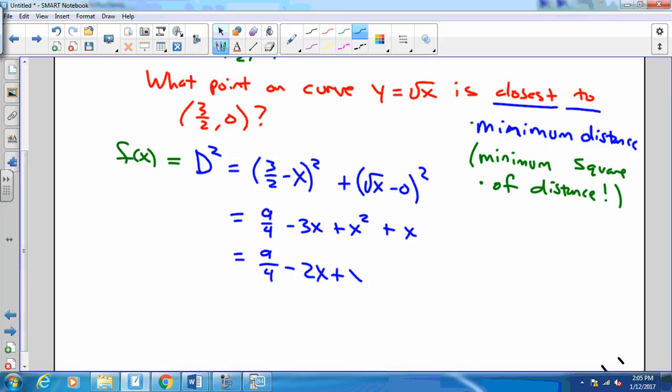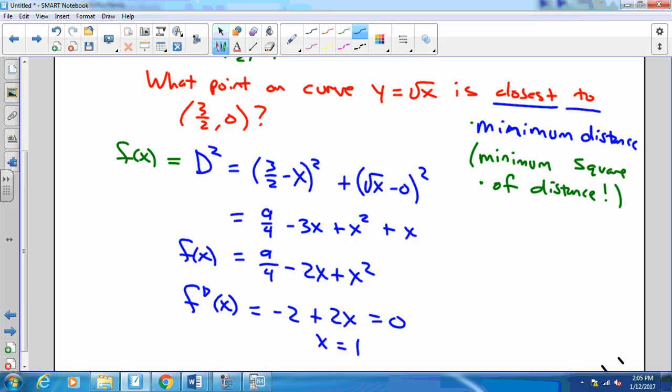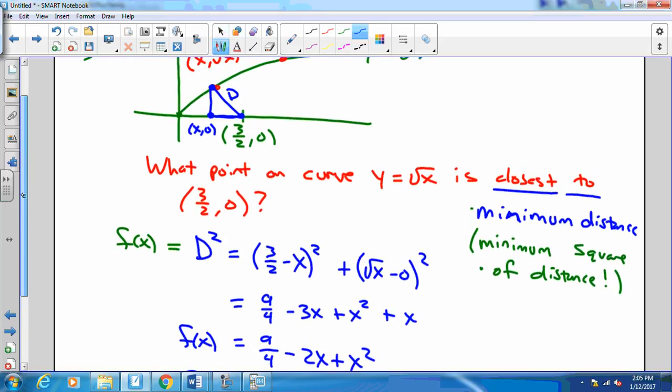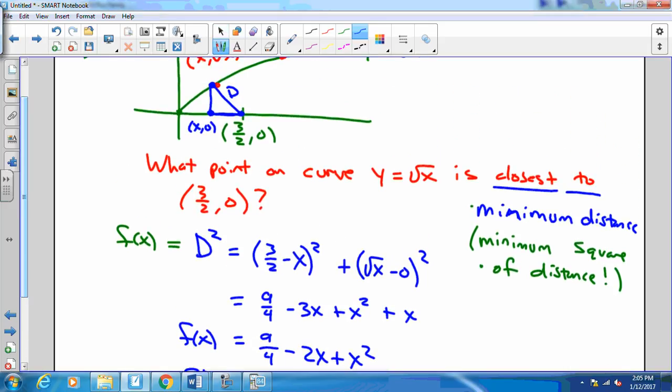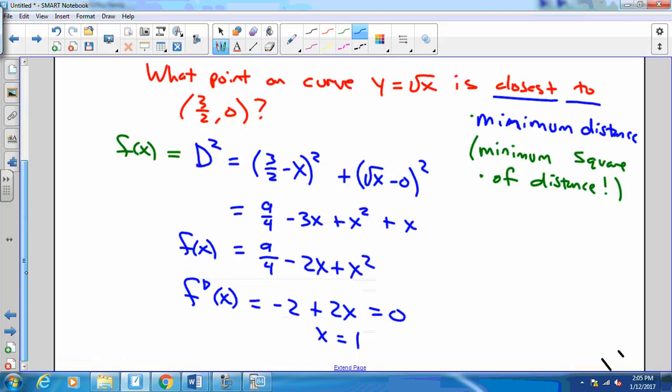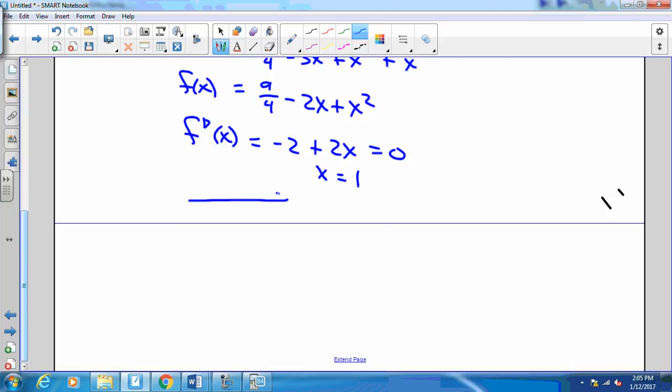We could get a lot of leverage by simplifying our distance squared. Now we take a derivative, set that equal to 0, and we have a delightfully simple solution, x equals 1. And going back to here, that looks about right where our guess was.